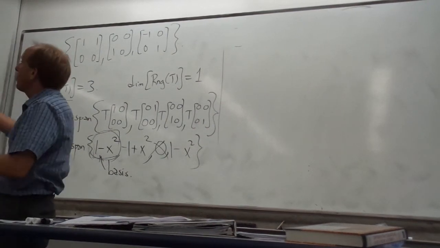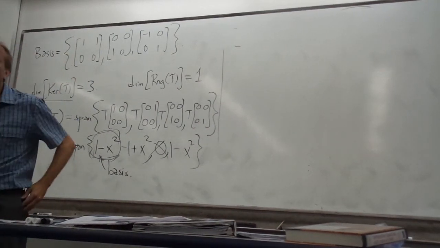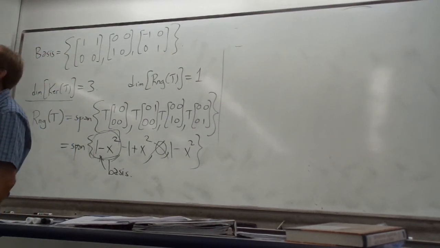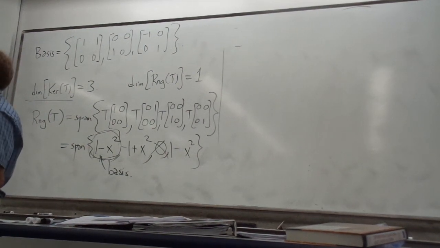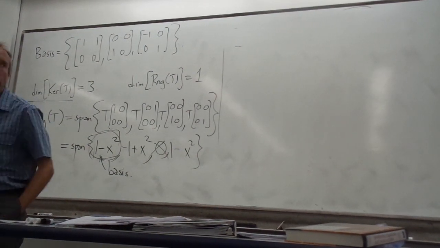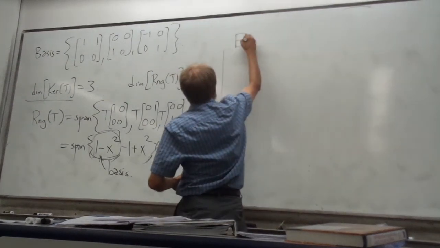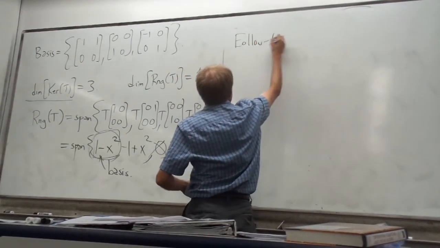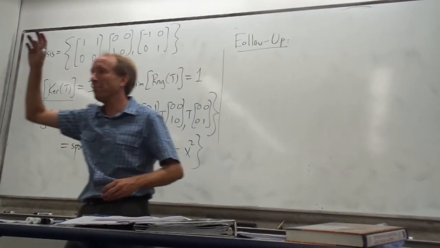Incidentally, if we had done this example, and let's suppose that the kernel, let's just do this as a follow-up. I like this. Actually, I could make this into a theoretical problem. Here we go.